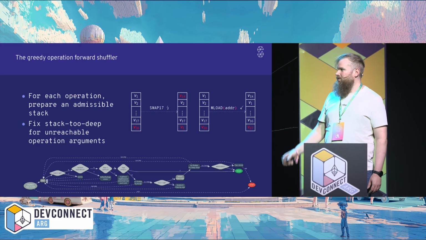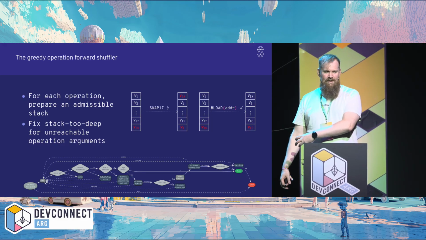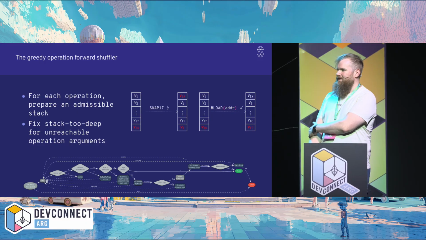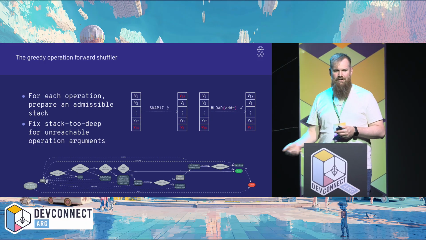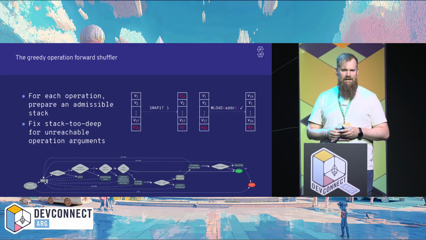So stack too deep is the situation when I need to grab too deep into the stack to produce something up top that I otherwise couldn't reach. And in this operation forward shuffling, as I would call it, we can be sure that if we need to reach into the stack, then it is always due to one of the arguments.